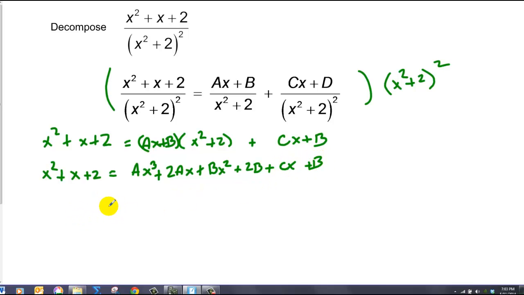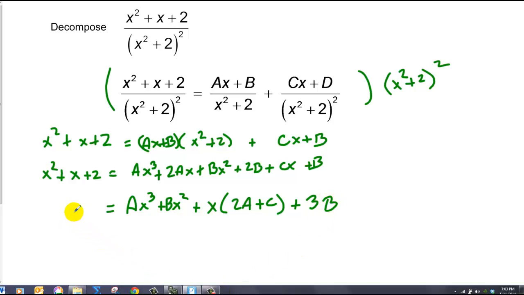Let's go ahead and group everything now. Here's ax cubed. Got some squared terms. There's only one of them, that's the b. I have some x terms. In this case, I have 2a and c. And then I have constant terms of 2b and b, which is 3b for my constant terms.